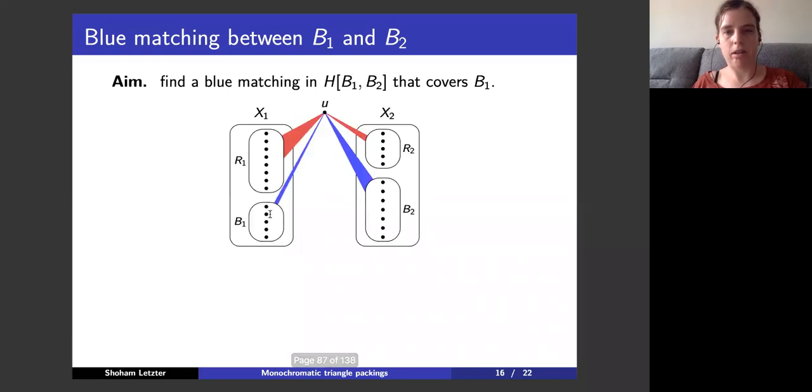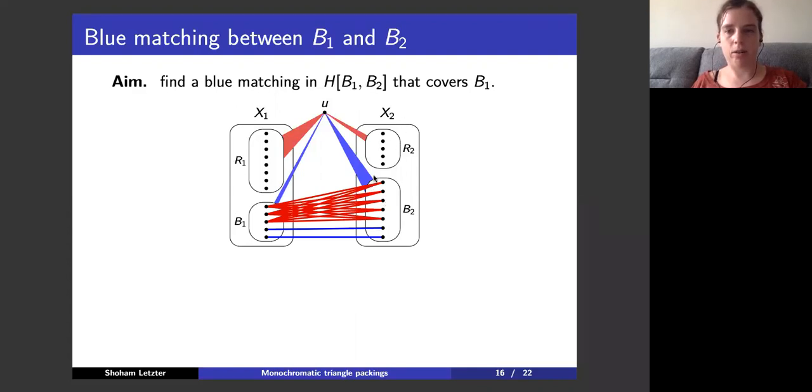So my next aim is to look at these blue neighborhoods, B1 and B2, and I claim that there is a matching that covers one of them. Say B1 is the small one, then I claim that there is a matching that covers B1. Okay, so let's take a maximum matching and suppose that it does not cover B1. Then I have all these many red edges between the remainder in B1 and remainder in B2, because otherwise we could get a bigger matching.